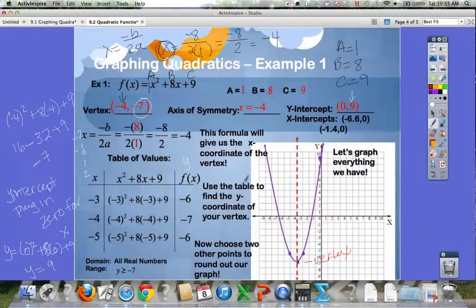Same thing with this side. It gets bigger and bigger and fatter and fatter, and it will go on and on in this direction also, towards negative infinity over on this end on the x-axis, and towards positive infinity on this end on your x-axis.